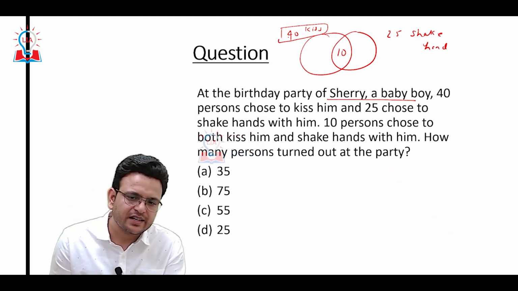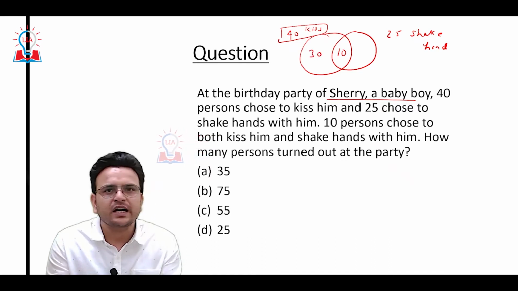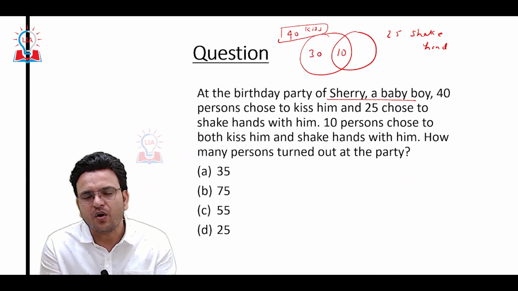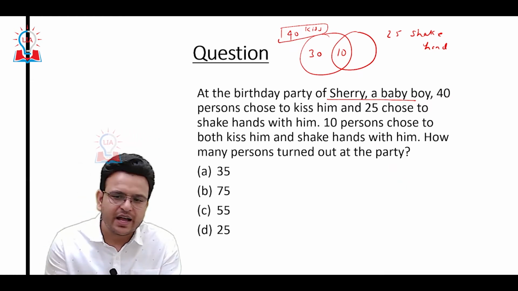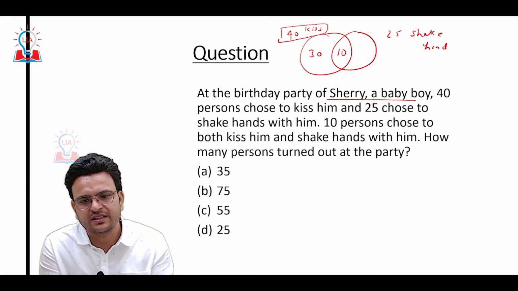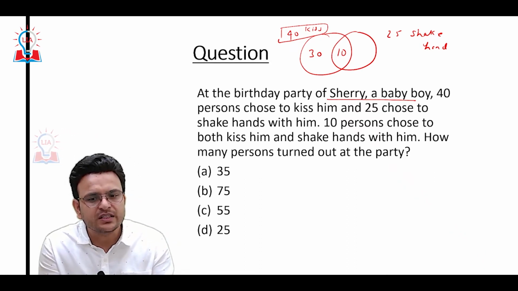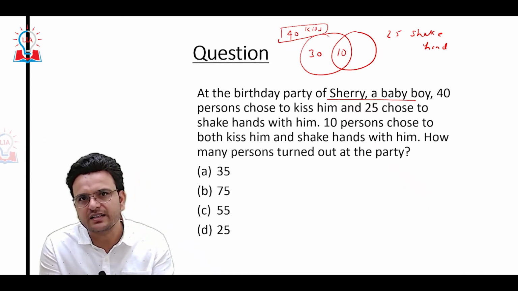Then we can say that 40 minus 10 becomes 30. So 30 people only kissed that particular boy, and 25% shook the hand, and among these 25, 10 also kissed that particular guy.